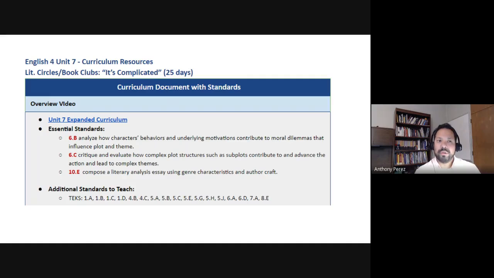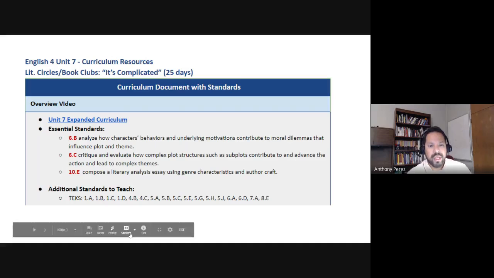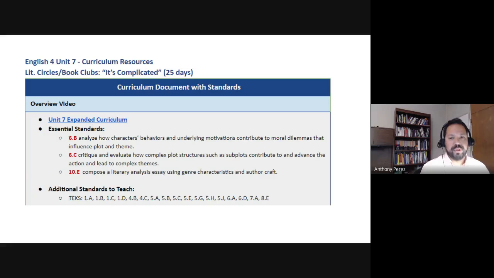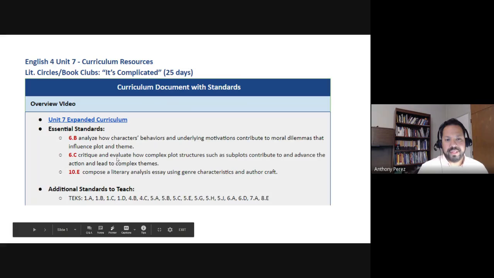You could do lit circles where you're going to kind of pick from a few selected texts and they could do it that way. You could do a whole class novel if you can get around getting everyone the same book or access to the same book. And you can do short stories, either choice, lit circle, or whole group. Short stories, as long as we're looking at these TEKs right here.